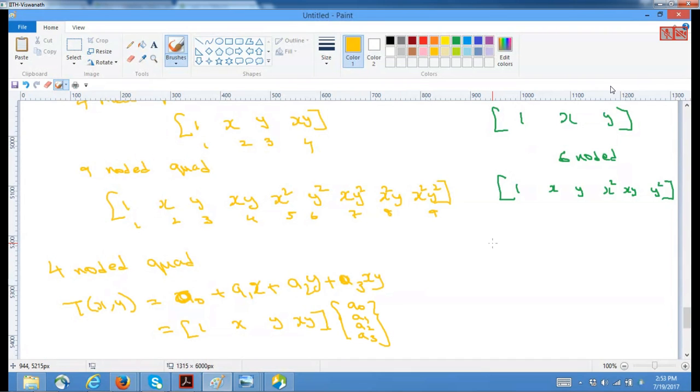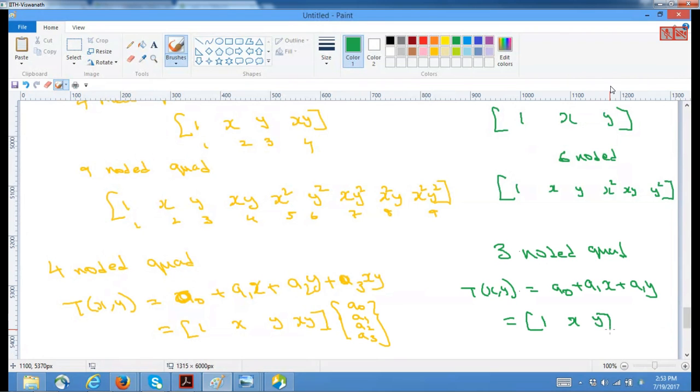Similarly, for a 3-noded triangle, I can write T(x, y) equals a naught plus a1x plus a2y, which is 1 x y times a naught, a1 and a2.